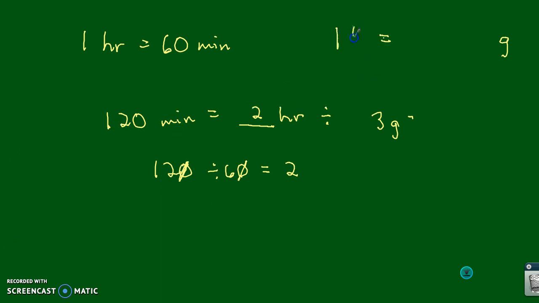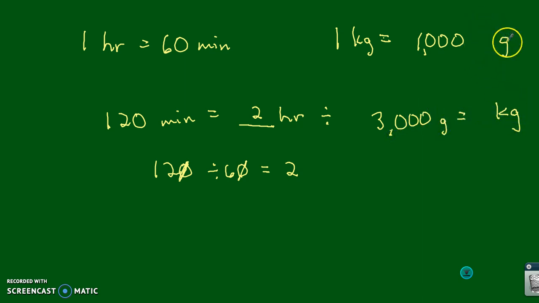So 1 kilogram is the same thing as 1,000 grams. So if we have 3,000 grams, how many kilograms would that be?